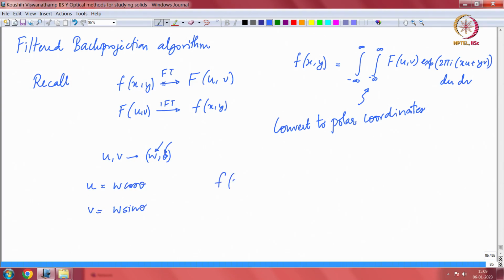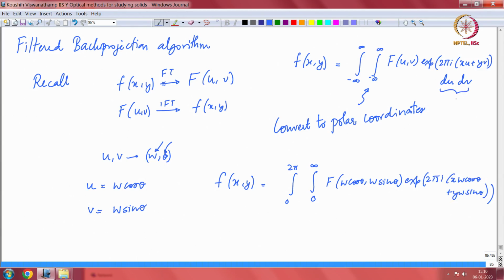So, f of x comma y will be the integral from 0 to 2 pi for the theta variable, integral 0 to infinity for the w variable, of F of w cos theta comma w sin theta times exponential 2 pi i (x w cos theta plus y w sin theta), okay.